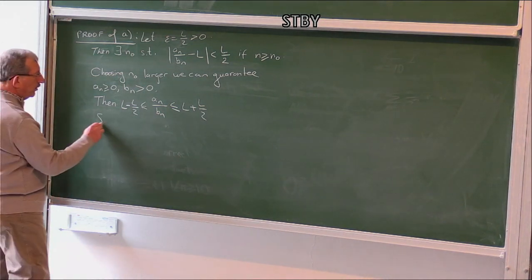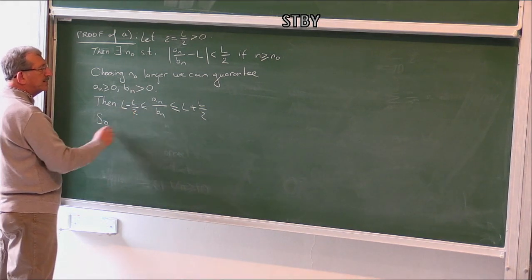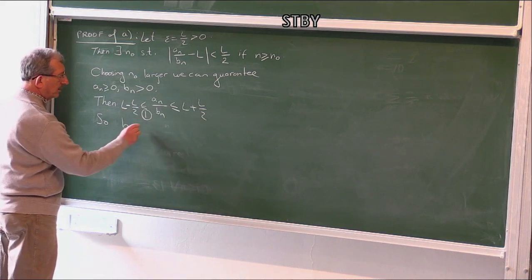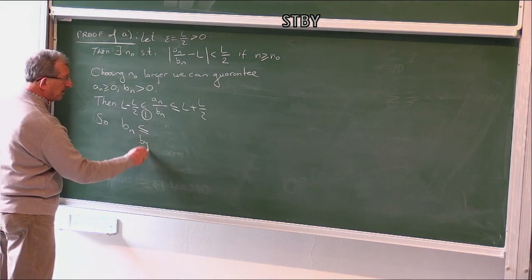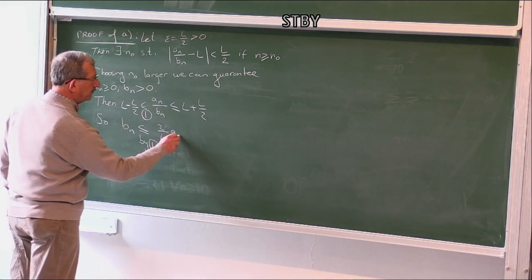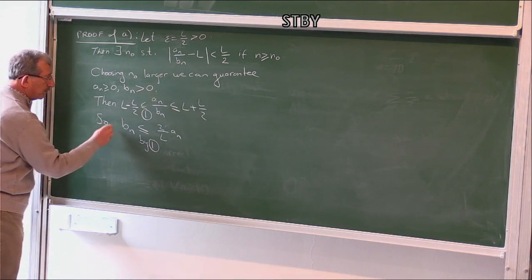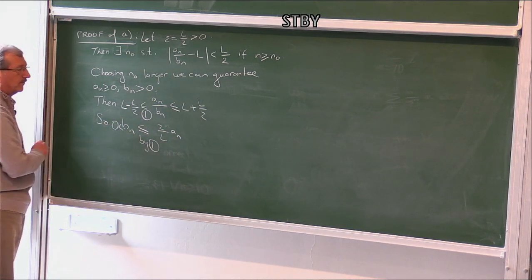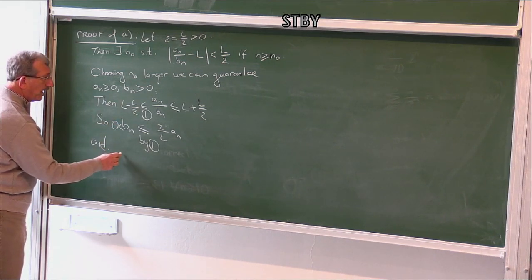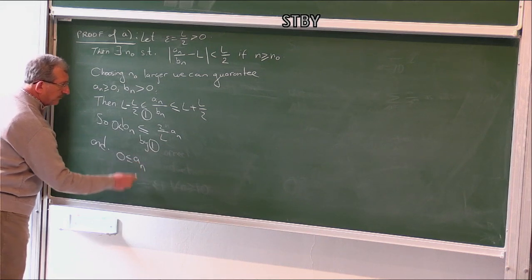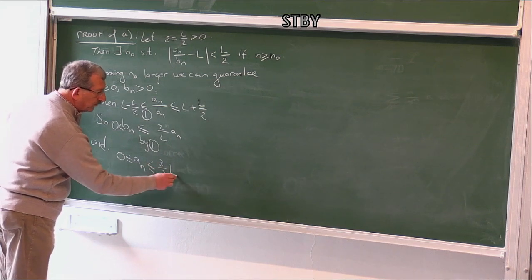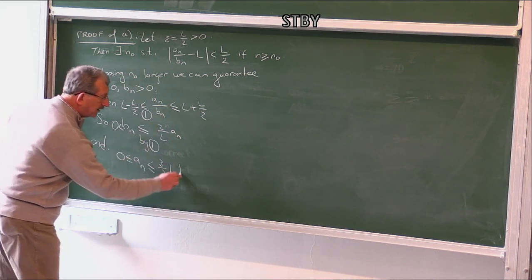Well, so, this says that Bn is less than, this is by 1, 2 over L An, and of course it is positive. And by 2 we have An less than or equal to 3 over 2L times Bn.